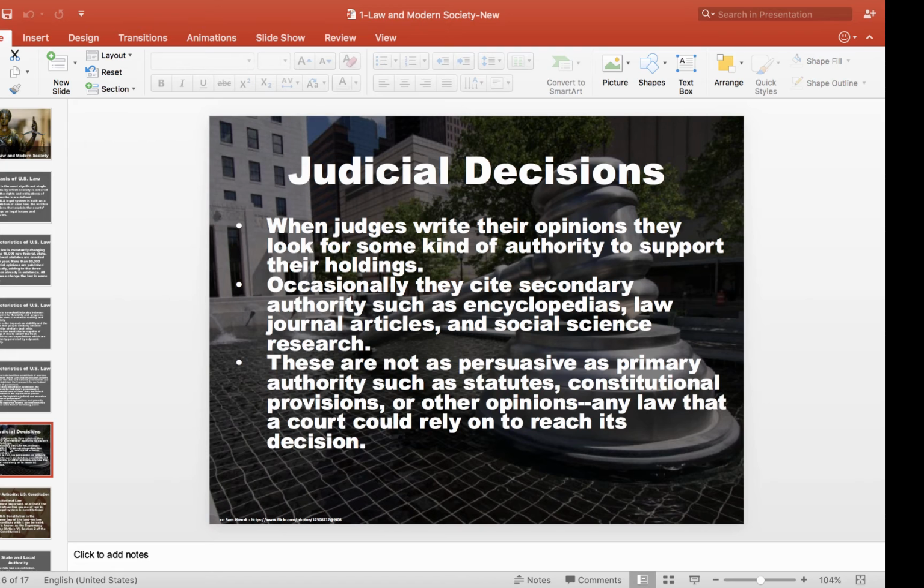All courts establish precedents, but when the U.S. Supreme Court rules on a case, it becomes the supreme law of the land as a precedent.